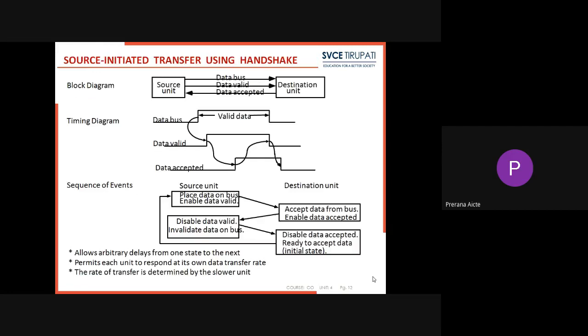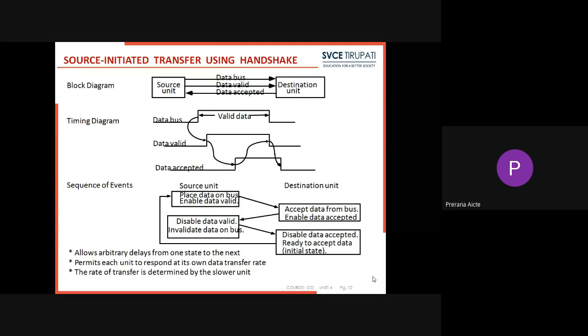The two handshaking lines are data valid, which is generated by the source unit, and data accepted, generated by the destination unit. The source unit initiates the transfer by placing the data on the bus and enabling its data valid signal. The data accepted signal is activated by the destination unit after it accepts the data from the bus.